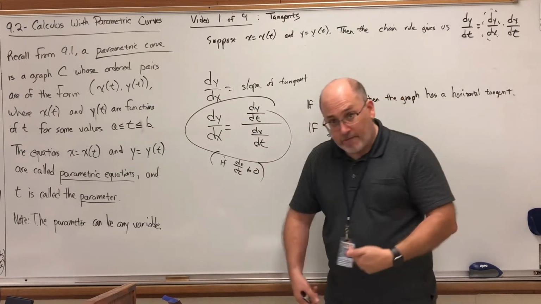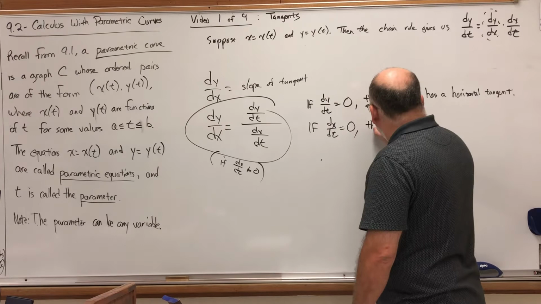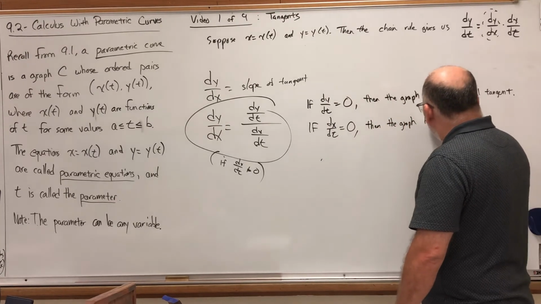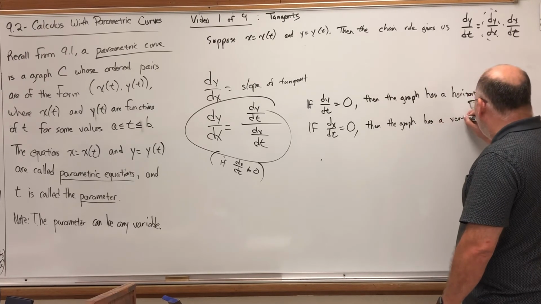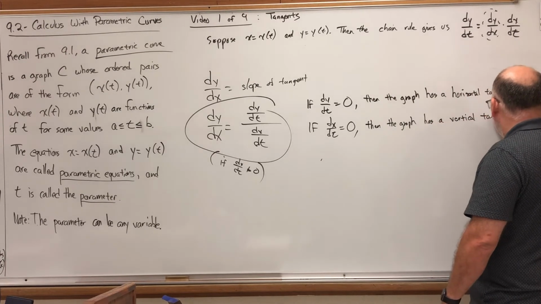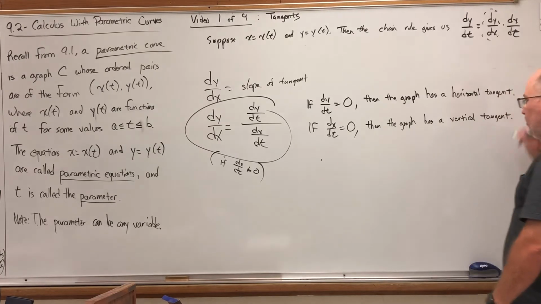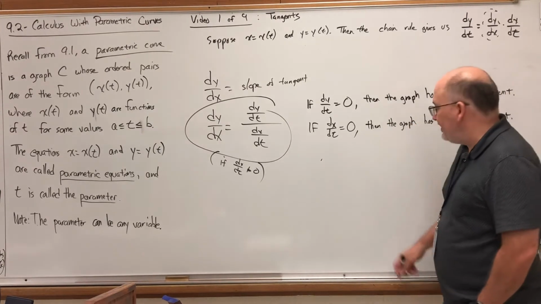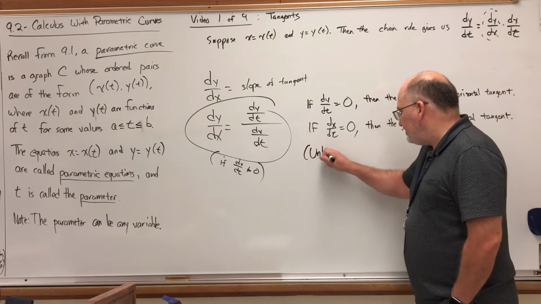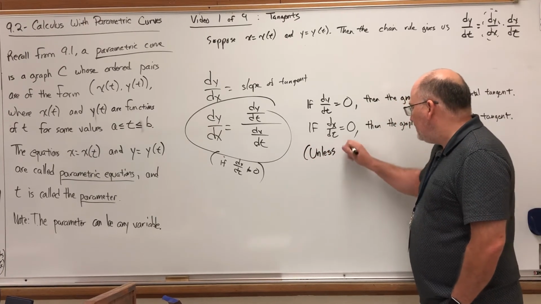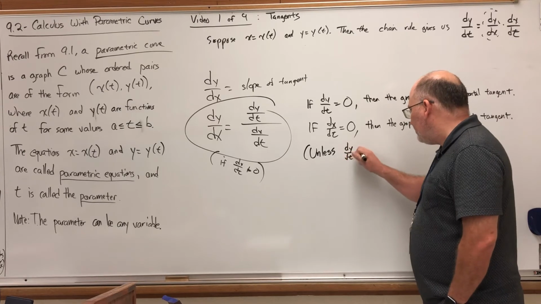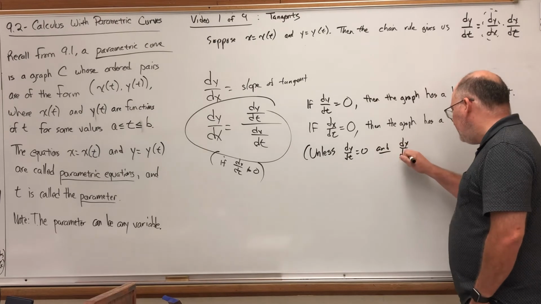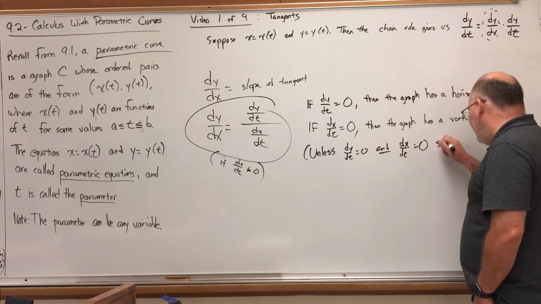But either way, the graph has a vertical tangent line. Now, both of these are assuming that the derivatives aren't 0 simultaneously. So both of these have an unless dy dt equals 0 and dx dt equals 0 simultaneously.